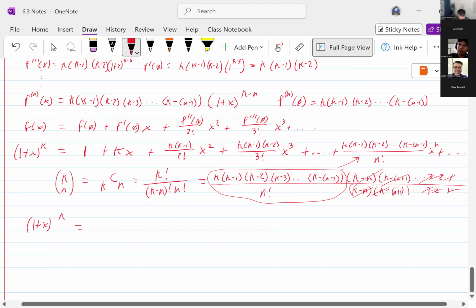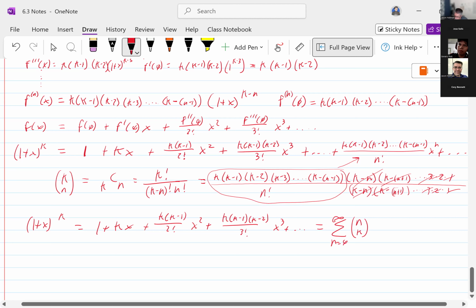is equal to, well, let's do it this way: 1 plus kx plus k times (k minus 1) over 2 factorial x squared plus k times (k minus 1) times (k minus 2) over 3 factorial x cubed plus dot, dot, dot forever is equal to the summation, as n equals 0 to infinity, of k choose n.